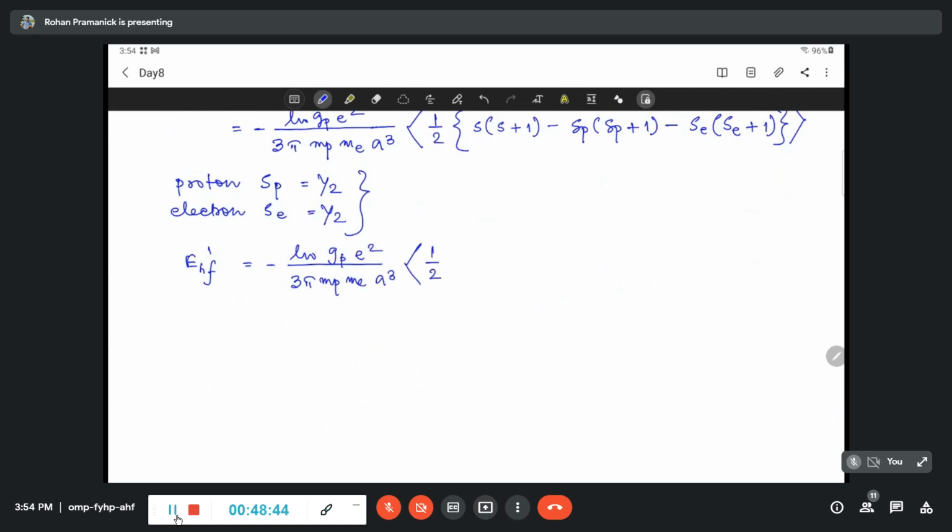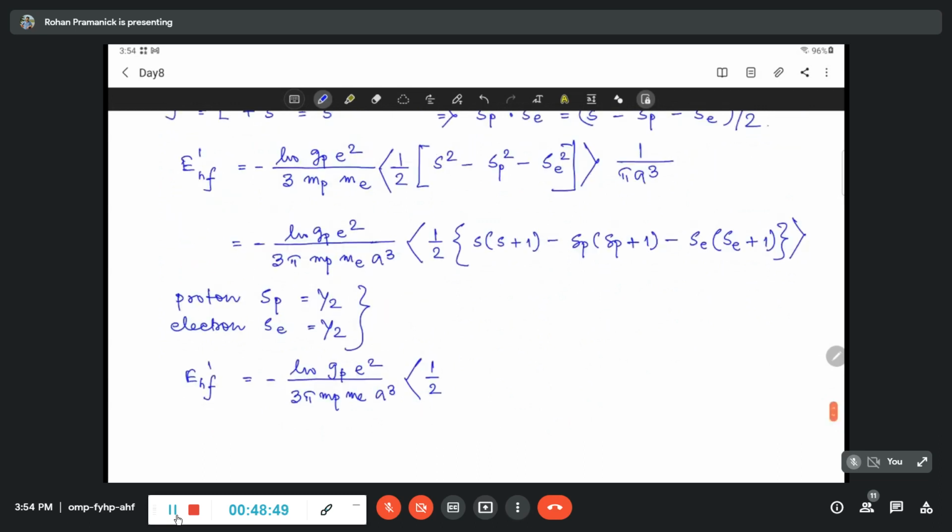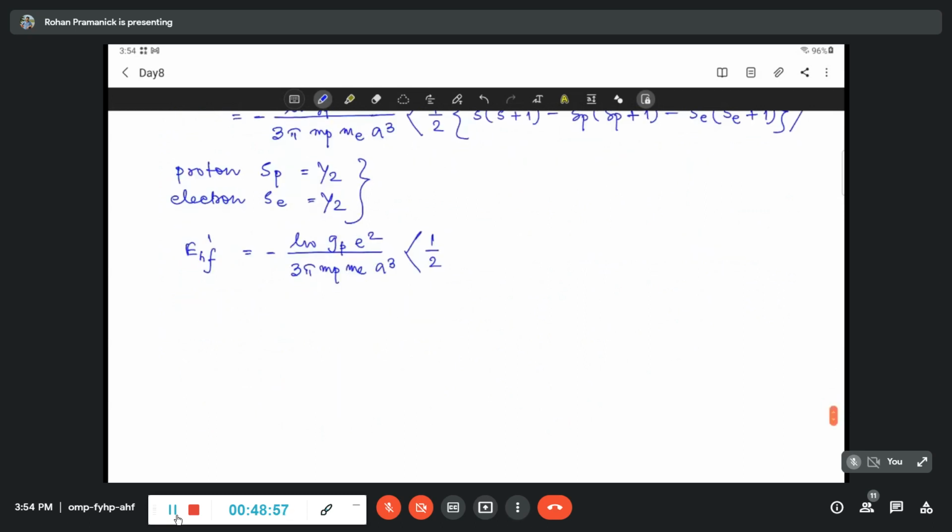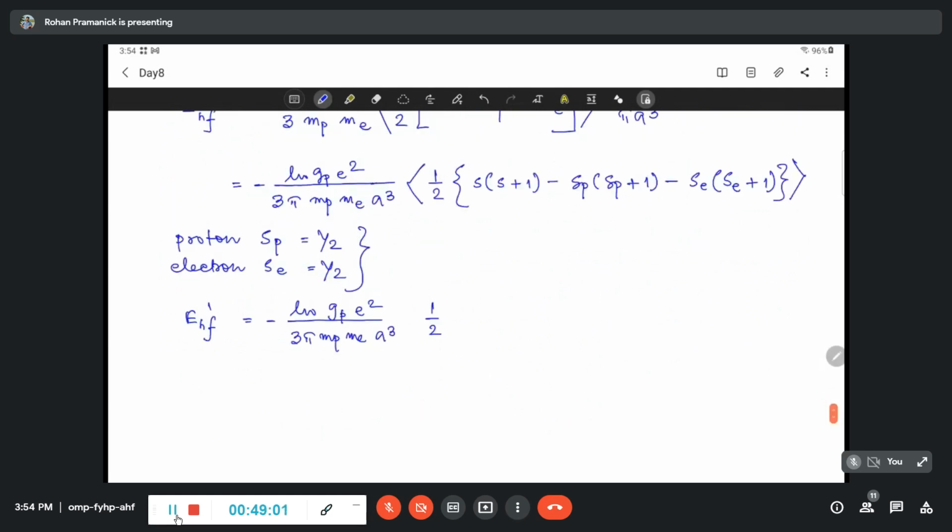So all the integrations have been done for these coordinates, so I can just remove this bracket, because all the expectation values with respect to r, theta and phi have also been done.